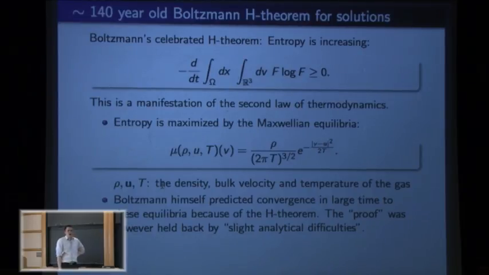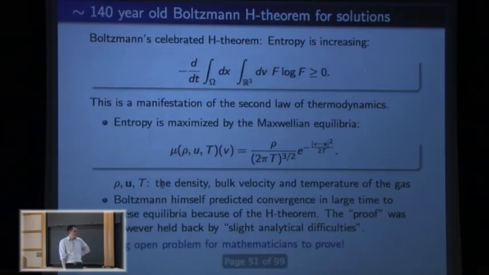The quote-unquote proof, which you can find in a lot of physics textbooks, is, as mathematicians like to say, held back by quote-unquote slight analytical difficulties, because you don't know whether or not the solution to the equation satisfies the properties that you're using when you write down the proof.